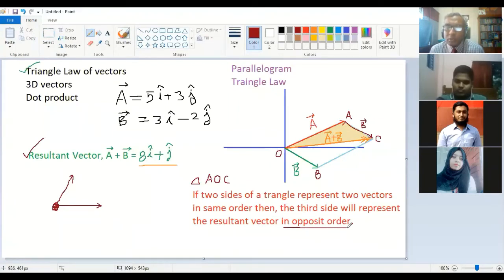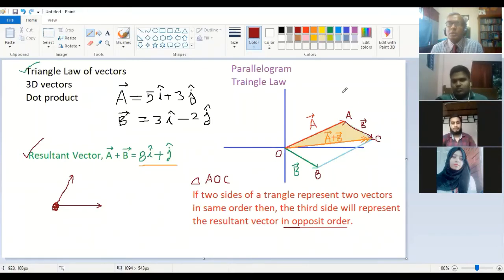The third side will be in the opposite order. Opposite order means not C to A. Is C to A the direction? No, that is wrong. Okay, not C to A. It will be O to C. That means the opposite direction. So this is called the triangle law, and that will be the parallelogram law also in other words.